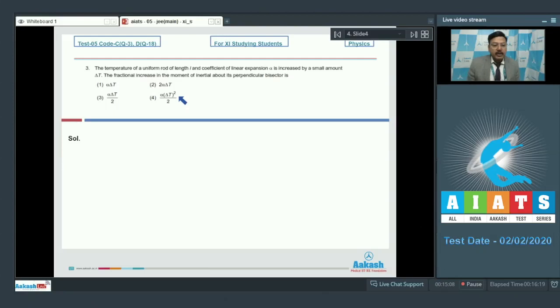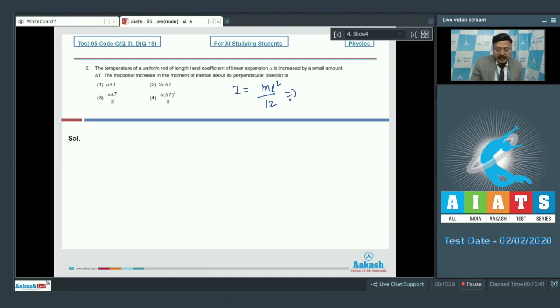Now the expression for moment of inertia of the rod, I, is ML squared by 12 about the perpendicular bisector, and the temperature has been increased and so there is thermal expansion.